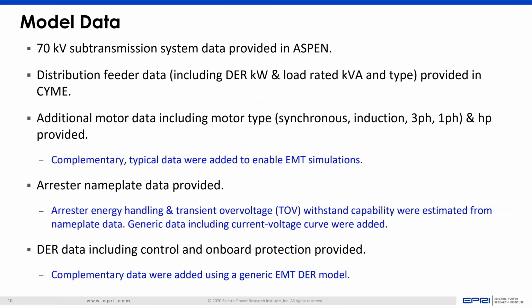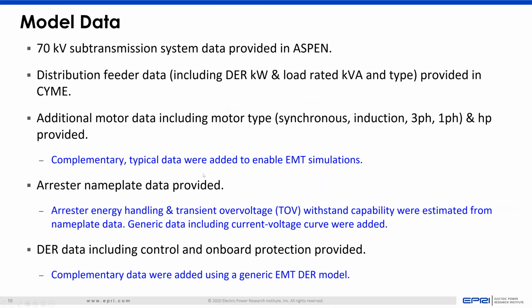So for the EMTP model development, we received this data from the utility. The subtransmission network data was provided in ASPEN, and we translated that to EMTP. The distribution network was provided in SIME, and we also translated that to an EMTP model. Additional motor loads were provided, with the type of motor, synchronous or induction, and horsepower.